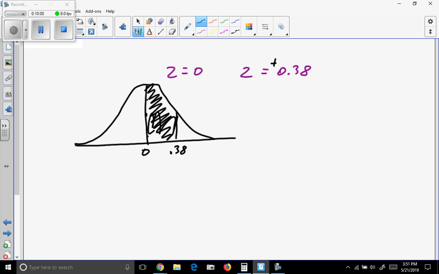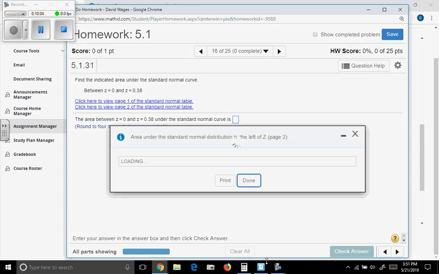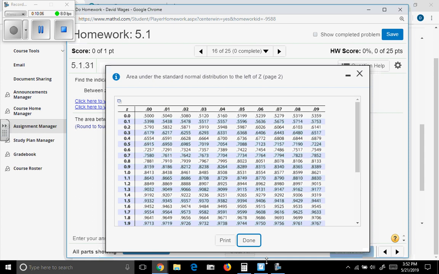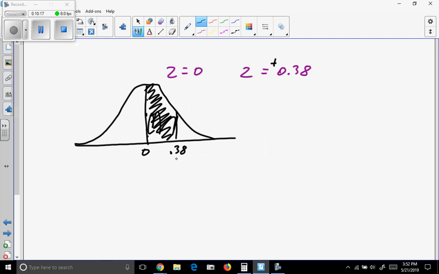If we look up a z-value of 0.38 in our table, here's 0.3, here's 0.8. So our area to the left of 0.38 is 0.6480. From here over, 0.6480, that is all of this.